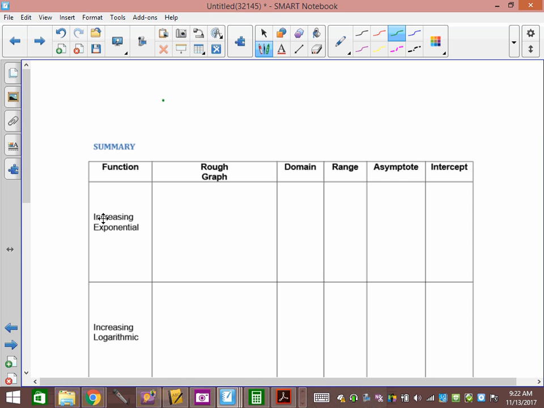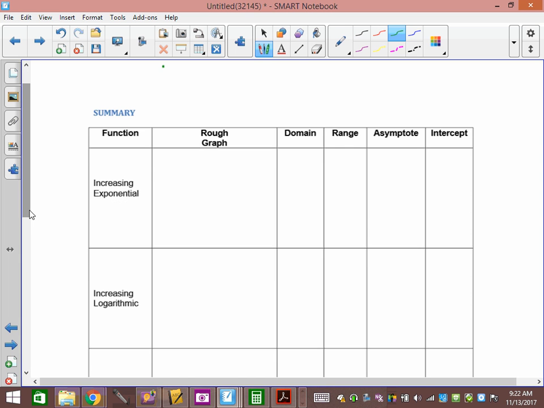So increasing exponential. This is just a little summary of them. An increasing exponential looks like this. Correct? How do I know if an exponential is increasing?